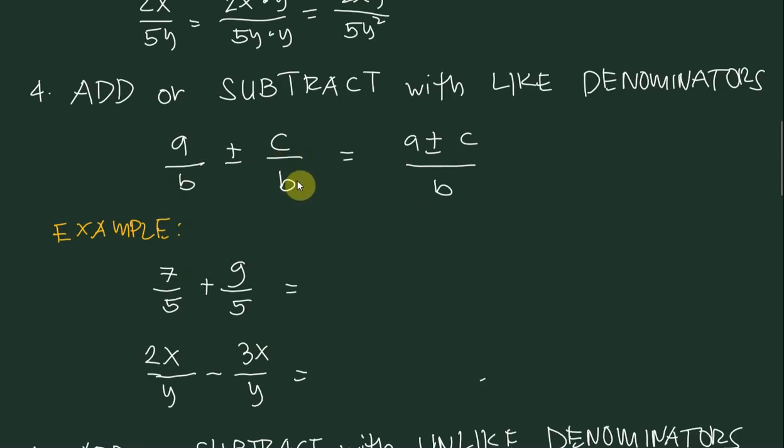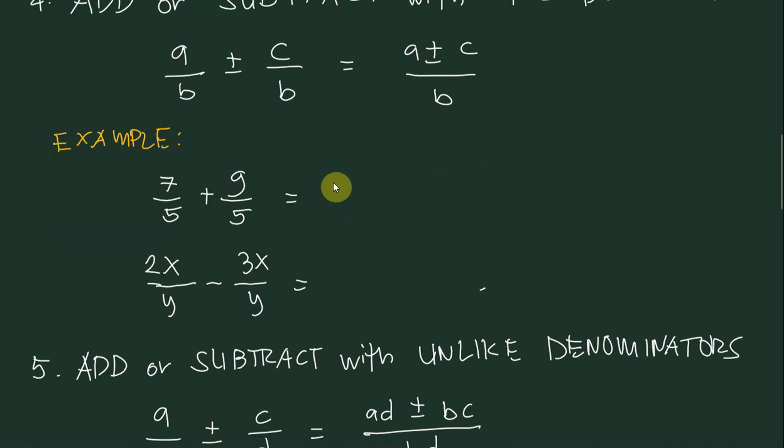Okay, so to add or subtract with like denominators. Here, a over b plus or minus c over b is equal to a plus or minus c over b. So this is a simple version of adding and subtracting fractions because we already have the same denominator.